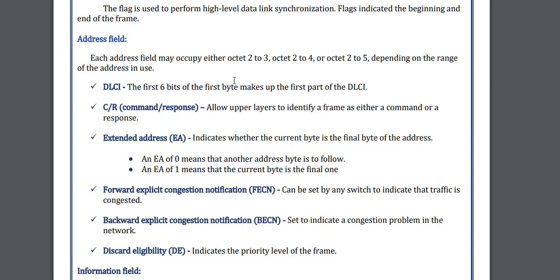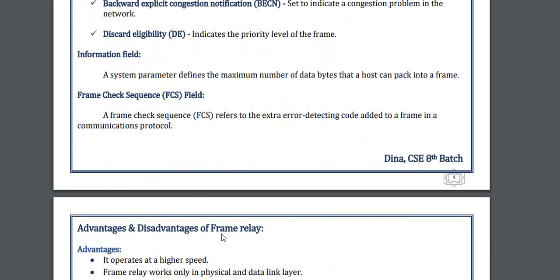In the address field section we have the DLCI, the C/R or command/response bit, the extended address which is EA, the forward explicit congestion notification which is FECN, and so on. Here we have also discussed the information field and the frame check sequence, known as FCS.